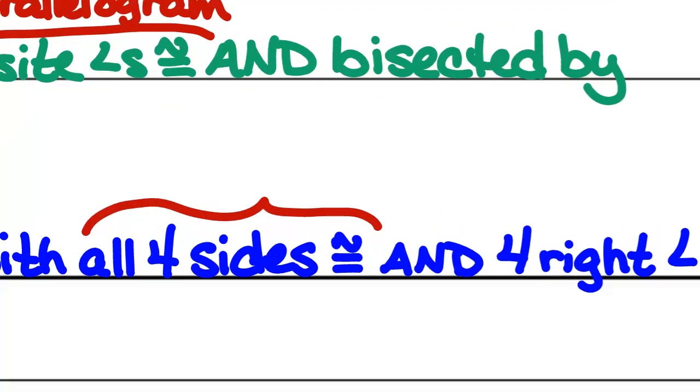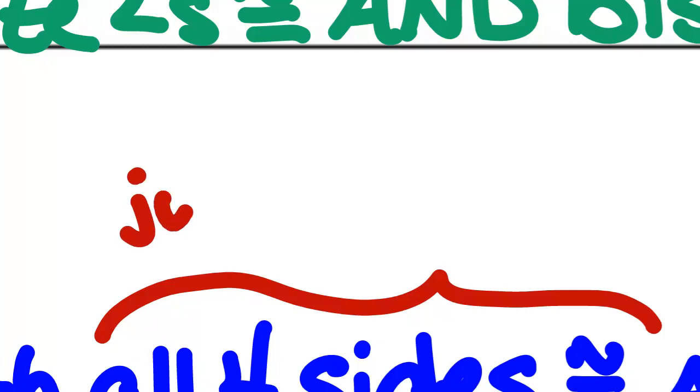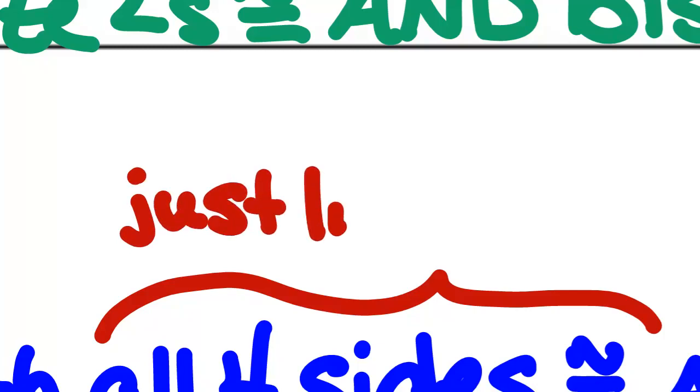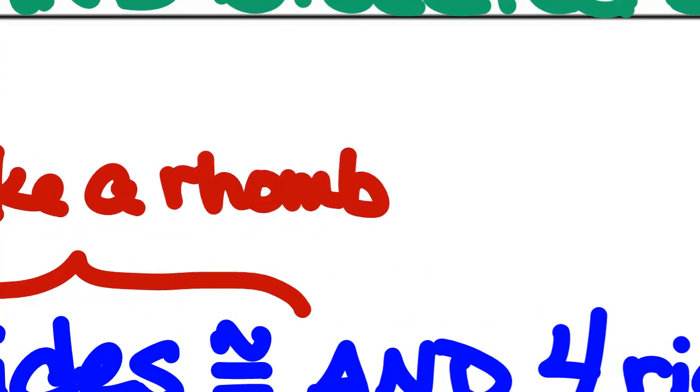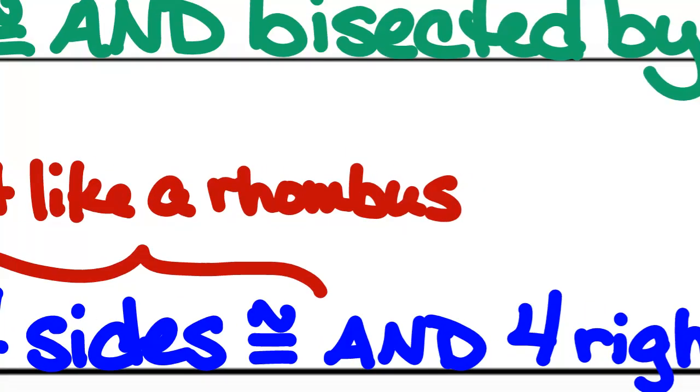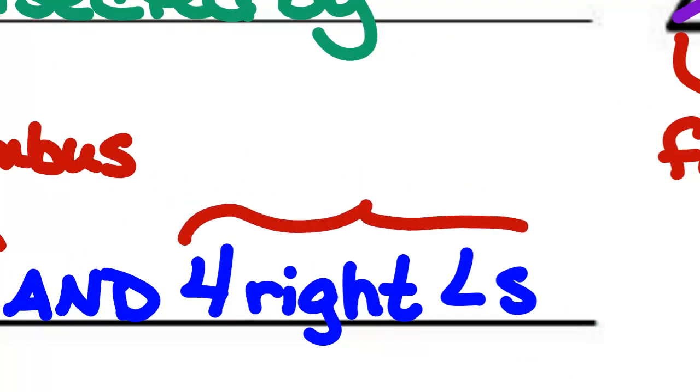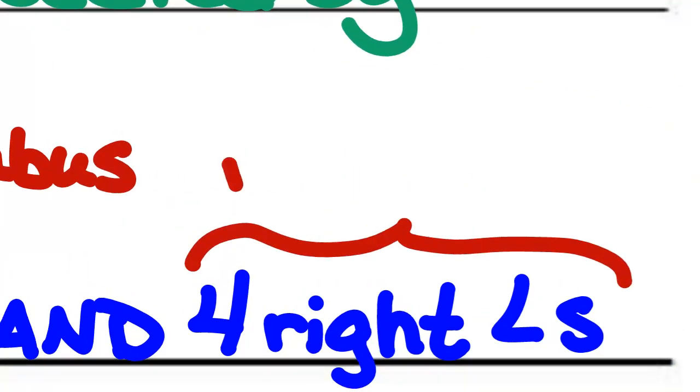All four sides being congruent, that's just like a rhombus. And then four right angles is just like a rectangle.